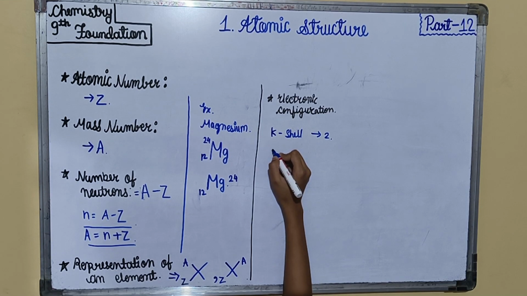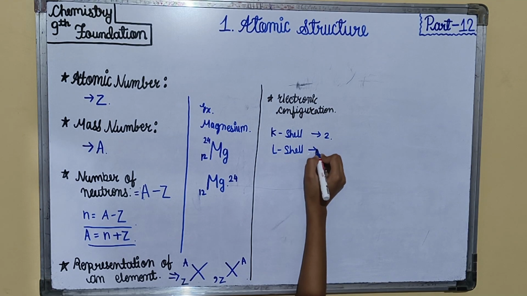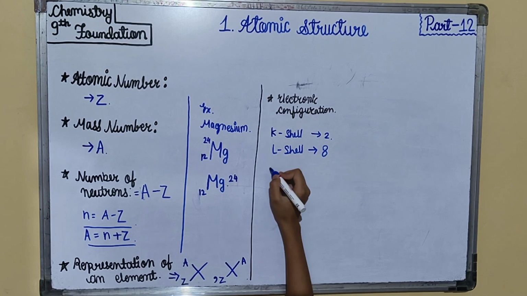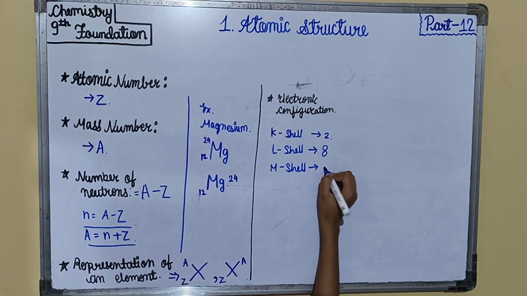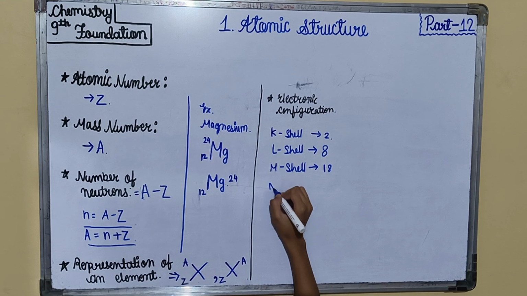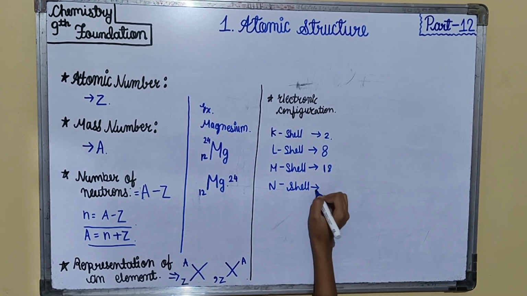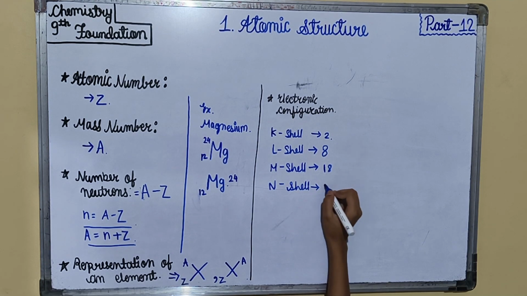Second shell, that is the L shell, the maximum number of electrons is 8. Third is the M shell, the capacity is 18. Fourth shell is the N shell, the maximum number of electrons is 32.